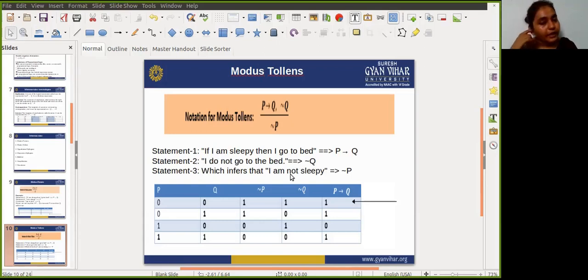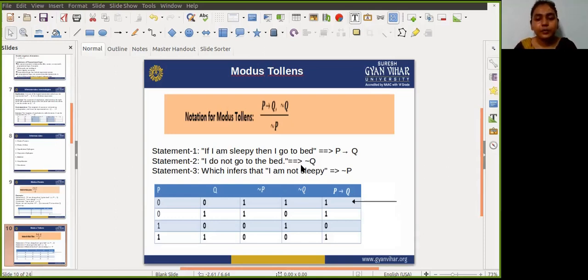Now again for the second case, not Q is false and P implies Q is 1. So obviously after applying the conjunction rule, it gives a result 0, a result false, right? So we need not check the not P, because the statement only says that if P implies Q and not Q, the conjunction, has result true, then in that case not P is true. So let it be.